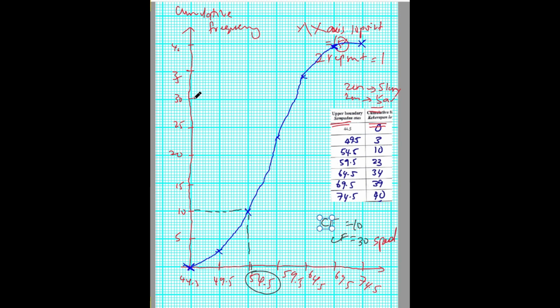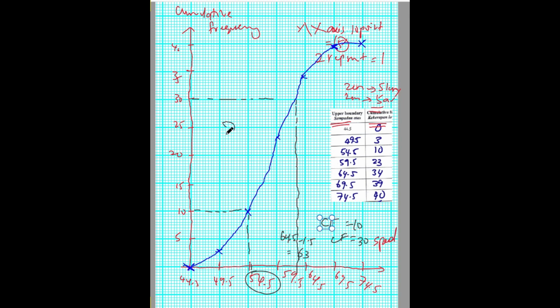Then at 30, when you pull from the graph, you get 3 to the left of 64.5. We know 2 points is 1, so this one means 1.5. So this is 64.5 minus 1.5, so we get 63.